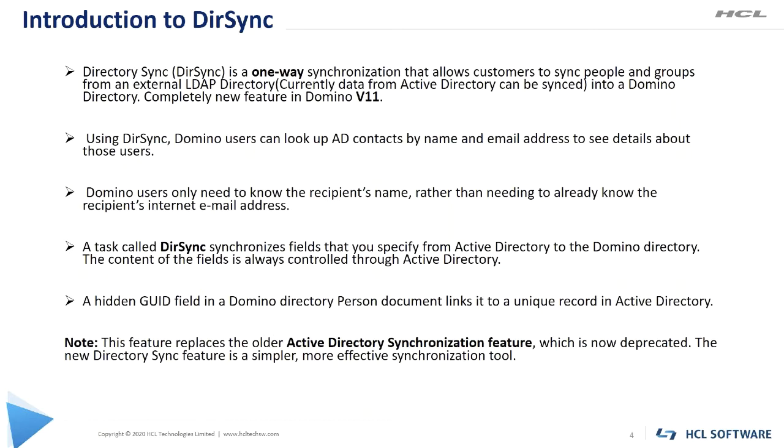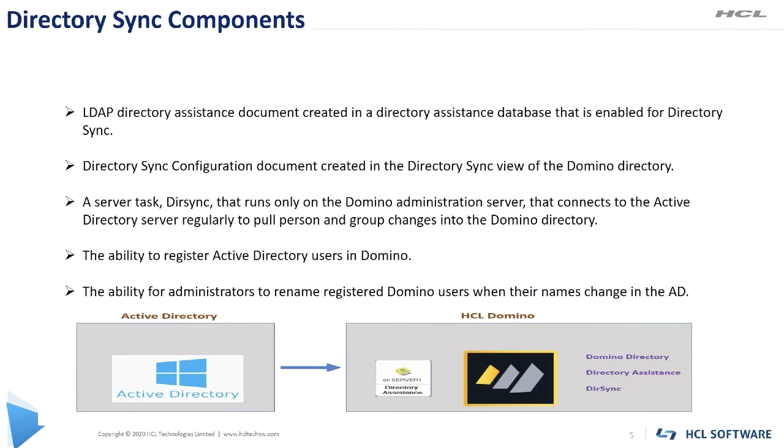Moving to the next slide. In this slide, we will discuss the components required to run DIRSync. First, we need to have a directory assistance database and an LDAP directory assistance document. Next, a directory sync configuration document needs to be created in the directory sync view of the Domino directory.